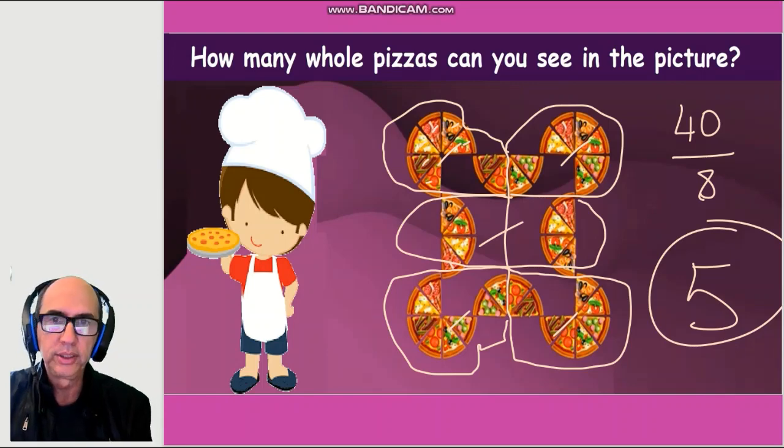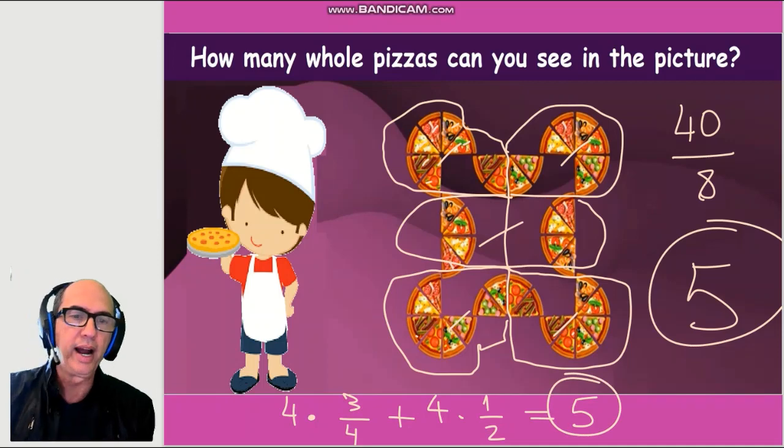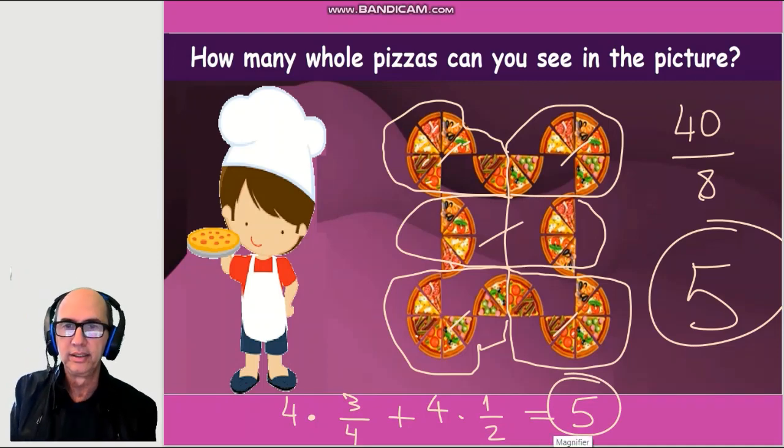If you love fractions, this is 3/4 of a pizza. You have 1, 2, 3, 4 three-fourths, 4 three-fourths plus 4 halves, and then you also will be finding the number 5 as your final answer.